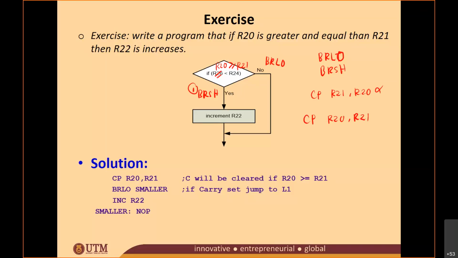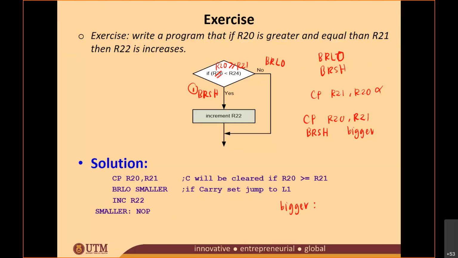Once you compare, now you're going to use the BRSH. You put the label here for bigger, so this is the label that you're going to jump to. So you put the bigger down here. What happened when R20 is greater than R21?